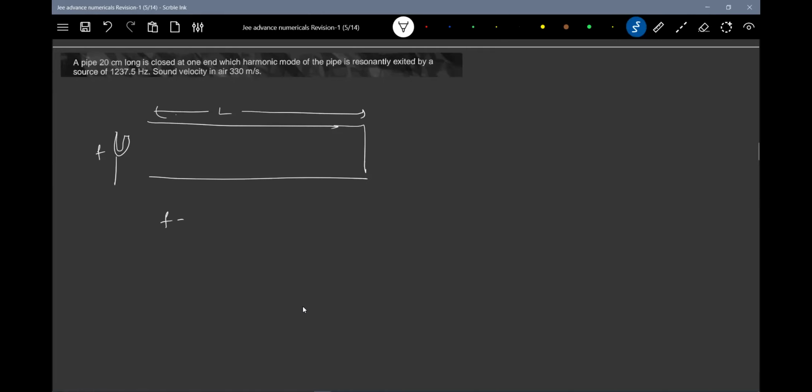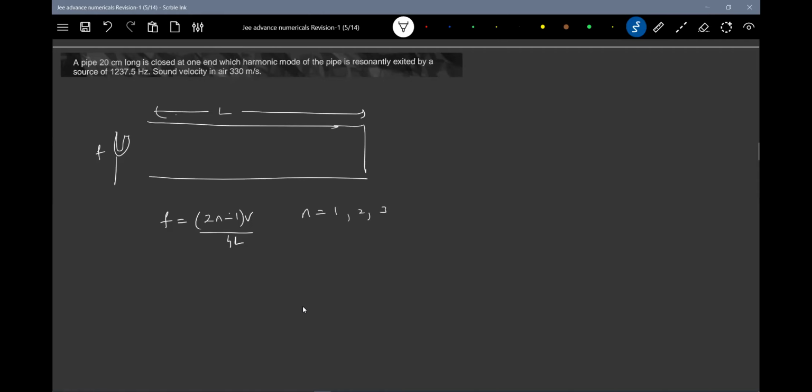So I think directly, (2n plus 1), or say (2n minus 1) if you keep it, v by 4L. That harmonic number is being asked. n will start with 1, 2, 3, 4.